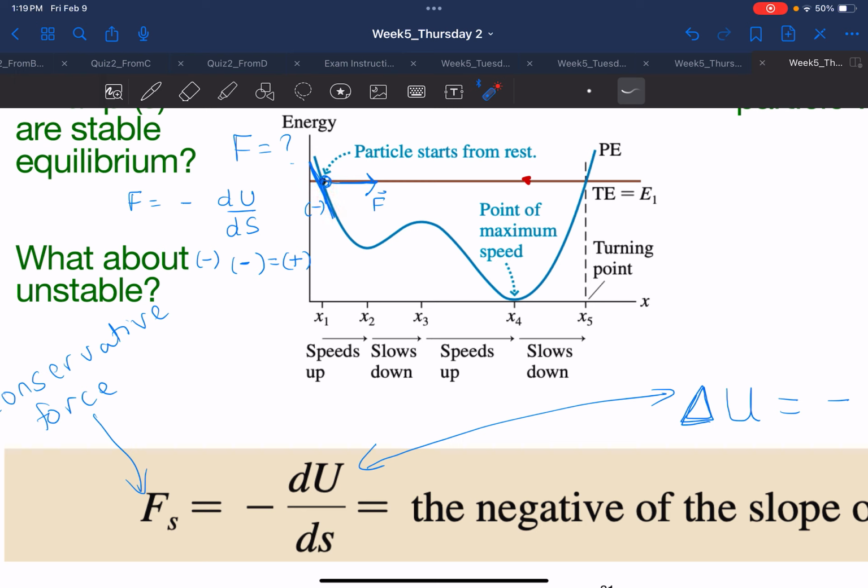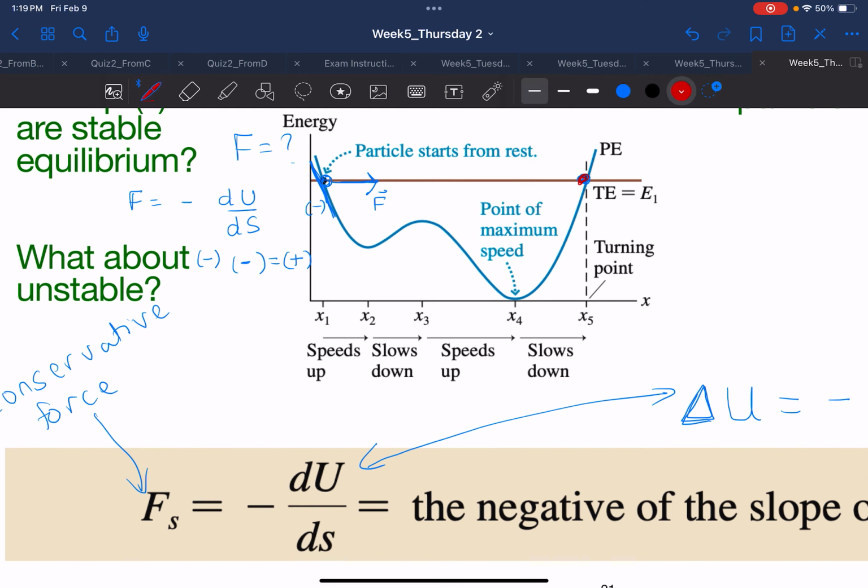And now let's take a look at a particle that might start at rest on this other end. So let's say we have a particle that starts here. Well, let's take a look at the slope at this point. The slope at this point is positive. So we know dU/ds is positive.